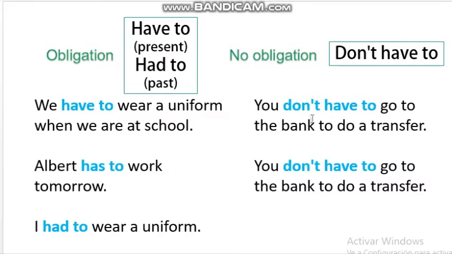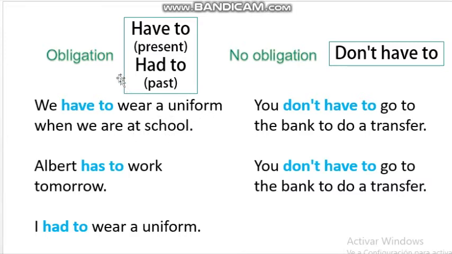Now we are going to continue with the modals of obligation: have to in present and had to in past. Have to means the obligation that we have to do something. As we can see in this sentence, "We have to wear a uniform when we are at school."